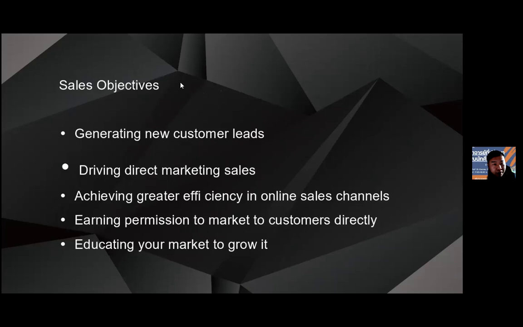Next one is sales objective: generating new consumer leads, driving direct marketing sales, achieve greater efficiency in online sales channels, earn permission to market to consumers directly, educating your market to grow it.